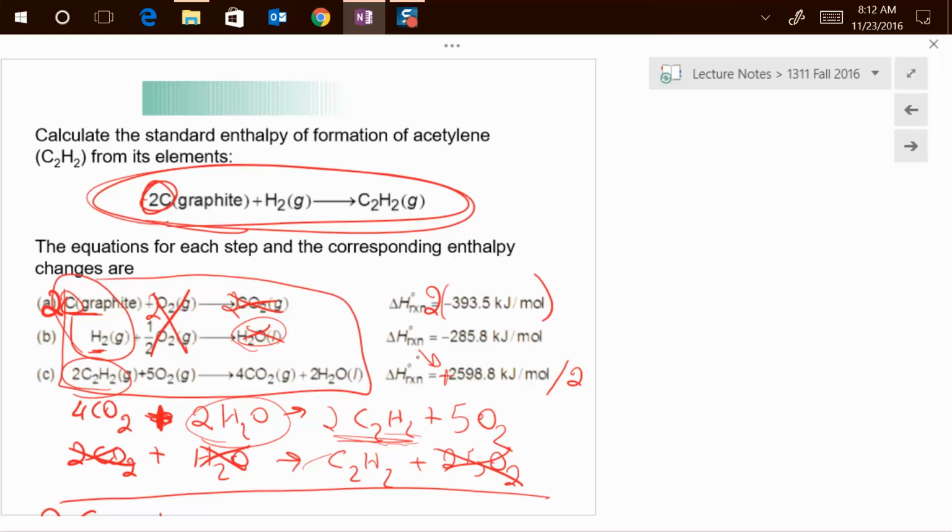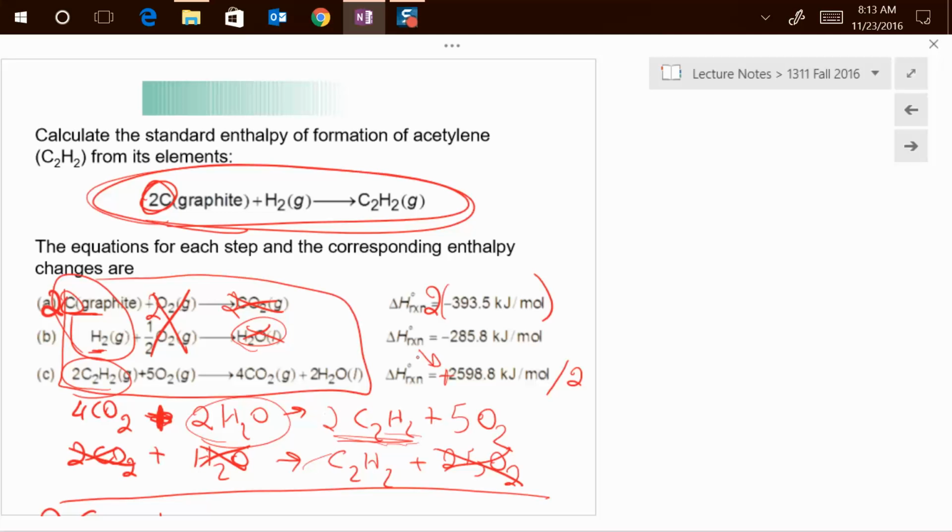The other thing we did was we had to take this top reaction and multiply it by 2 because we needed 2 carbons. So to get those 2 carbons, we multiplied this top reaction by 2. And we were able to obtain twice the amount of energy over here as well.